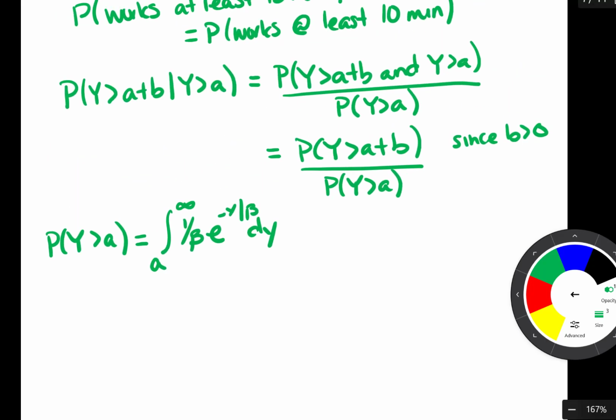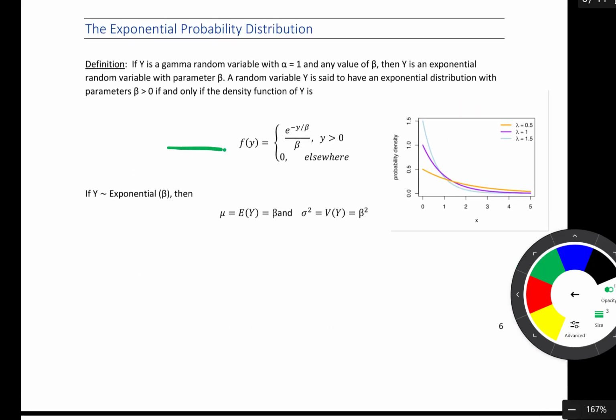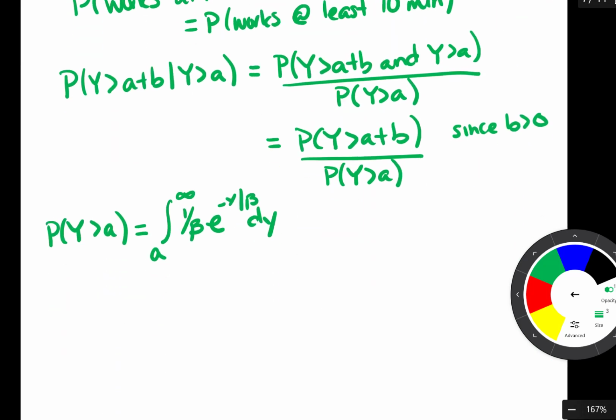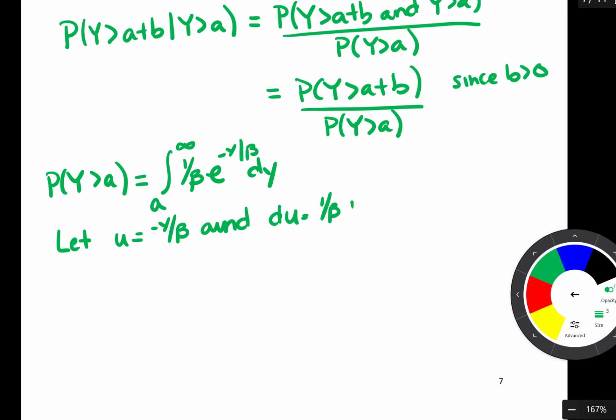Remember, we're working with our exponential distribution. So if we go back to the previous page, that is coming from right here. All right, so in order to do this, we're going to use u substitution. So we're going to let u be equal to negative y over beta, and du is equal to 1 over beta dy.